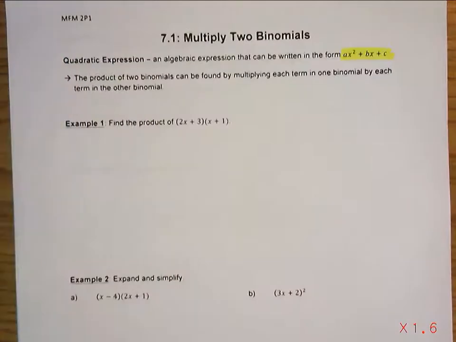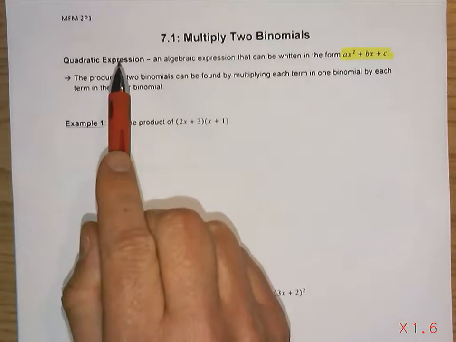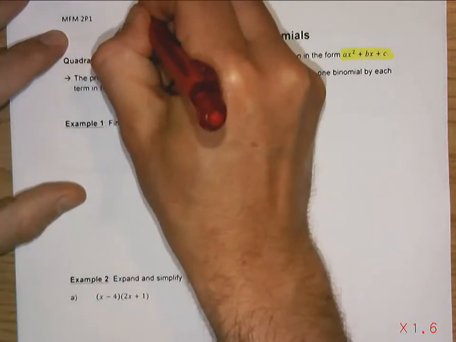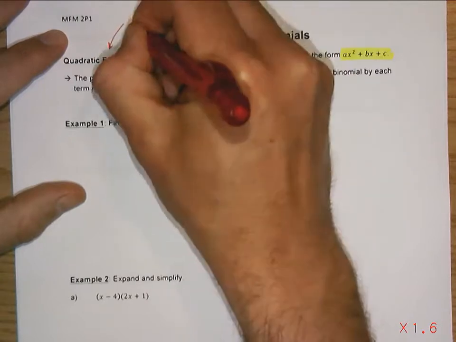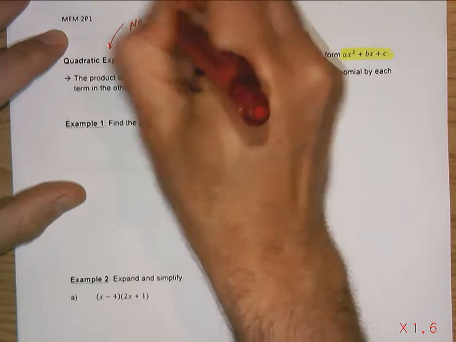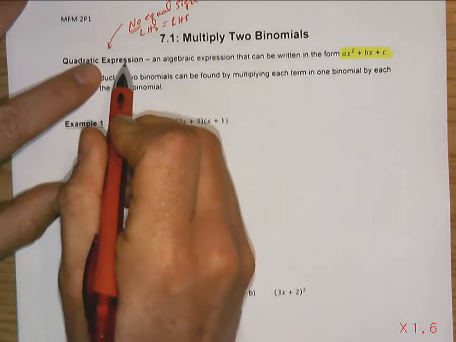So, when we come to our notes, we're going to talk about a quadratic expression. Now, an expression is no equality. There's no equal sign, which gives you a left-hand side equals a right-hand side. There is no equal sign. It's just an expression. It's a statement.